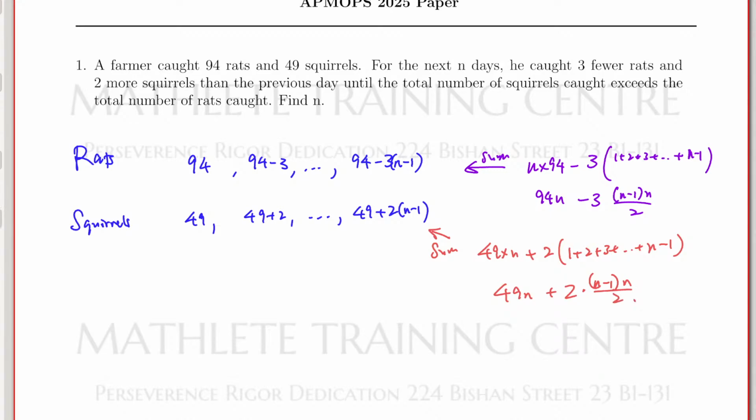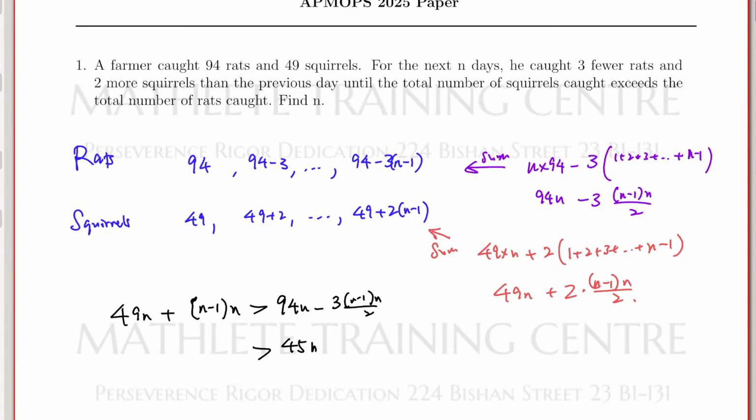We need to make sure that the bottom value is bigger than the top value. I want to make sure that 49n plus 2 times (n minus 1) times n over 2 is bigger than 94n minus 3 times (n minus 1) times n over 2.